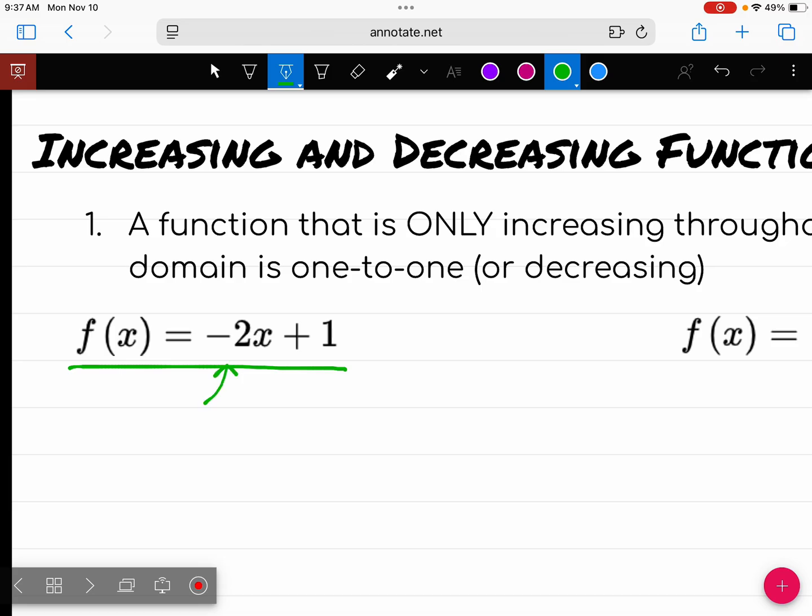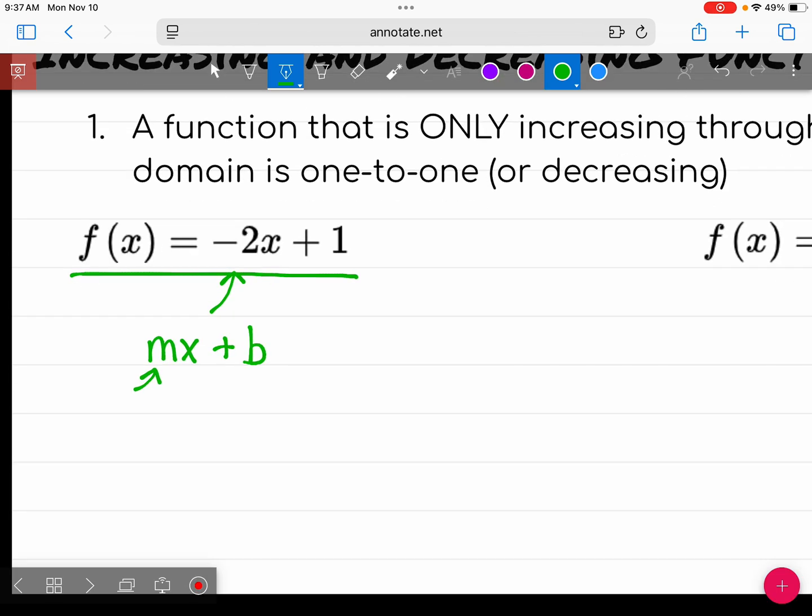This one, if we think about this being an mx plus b, if we ever have an mx plus b situation, and we have any kind of slope, as long as our slope is not 0, where we have a horizontal line, we will have a slope, which means it will be decreasing or increasing. Since this one has our slope of -2, that means this guy is decreasing.